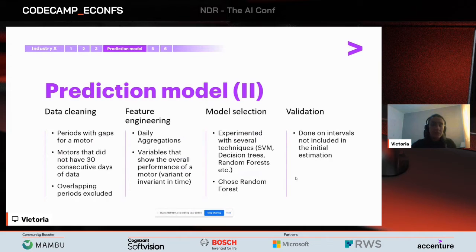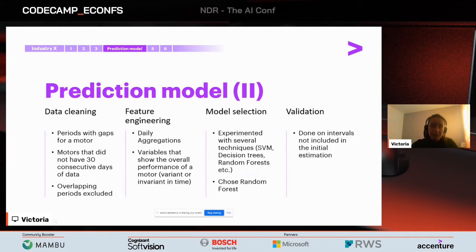That motor could have gone into alarm state and we wouldn't catch it. So we had to make some adjustments. If we didn't disregard all that period, we could simply adjust it to be comparable with the other assets that had indeed 30 days of data.